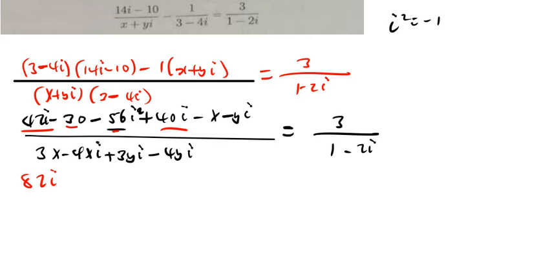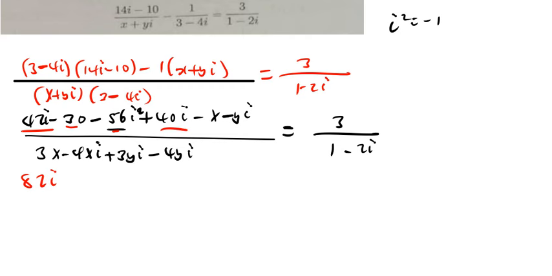So it's like I'm doing negative 30 plus 56, which is going to give me 26.